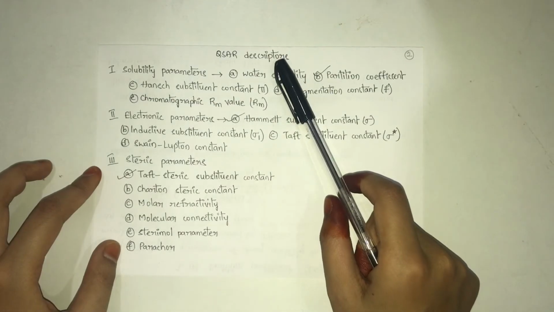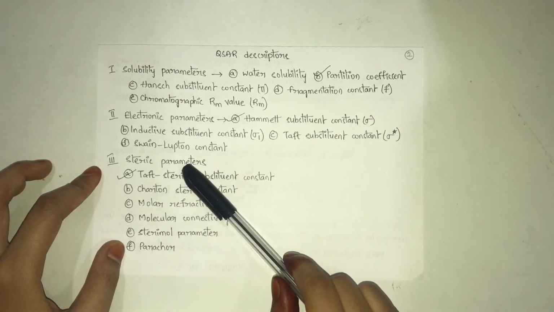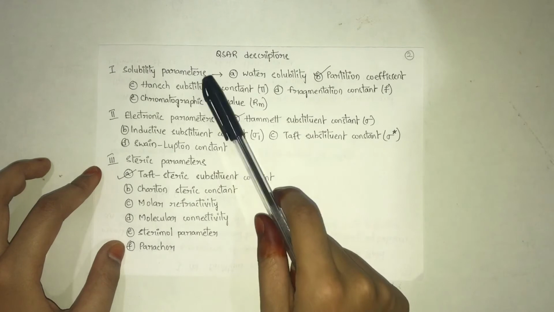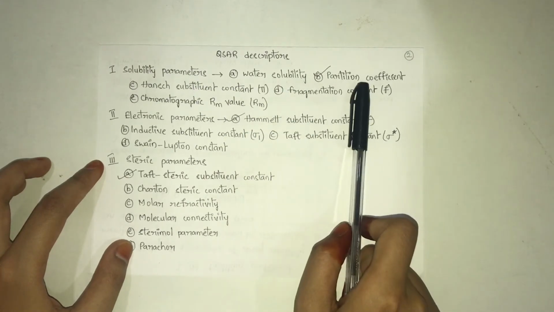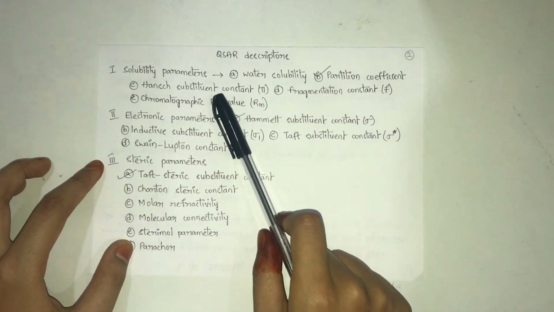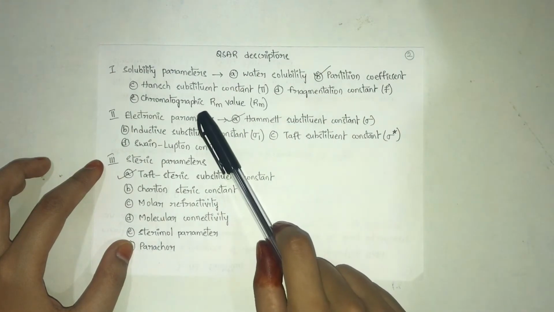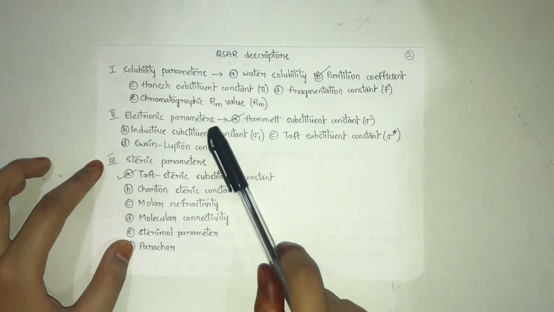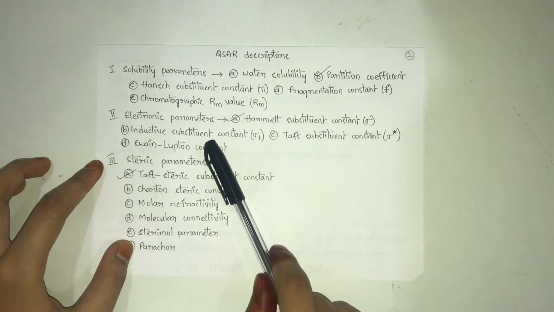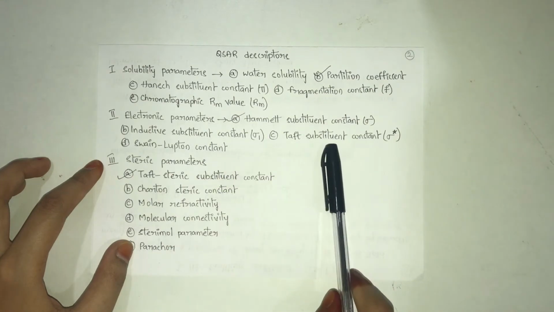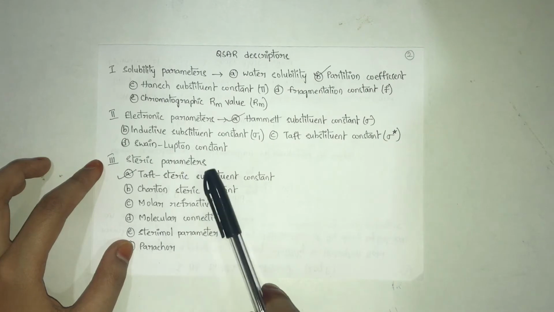QSAR descriptors: first one, solubility parameters; second one, electronic parameters; third one, steric parameters. The solubility parameters include water solubility, partition coefficient, Hansch substituent constant, fragmentation constant, and chromatographic Rm value. Electronic parameters include Hammett substituent constant, inductive substituent constant, Taft substituent constant, and Swain-Lupton constant.